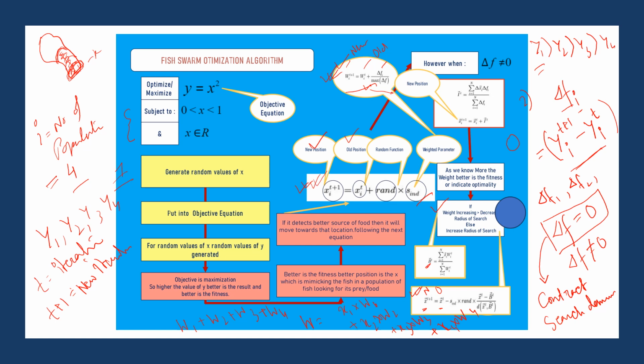Okay. Now what happens in the initial case? To find the new position of x, we are adding a random value multiplied by the weighted parameter to the existing value of x.